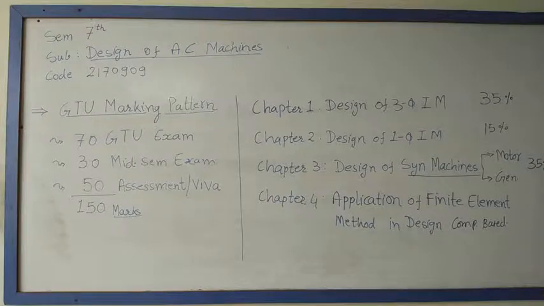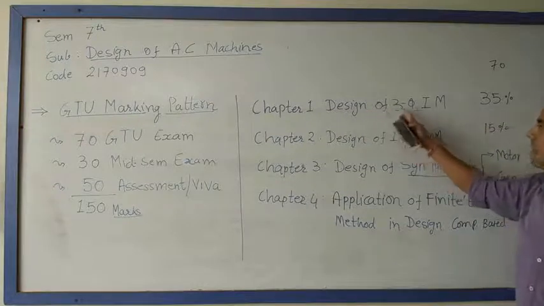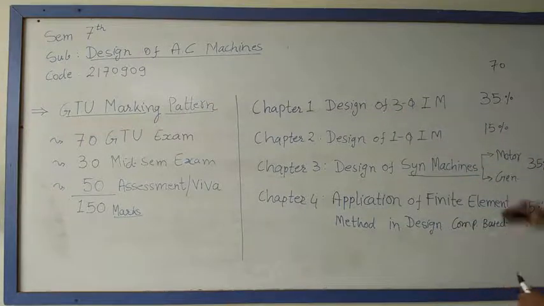And the last, chapter number 4, contains 15% of the GTU exam paper. This is the percentage of the 70 marks GTU exam paper. Clear? Okay, now we are going to start with chapter number 1, that is design of 3-phase induction motor.